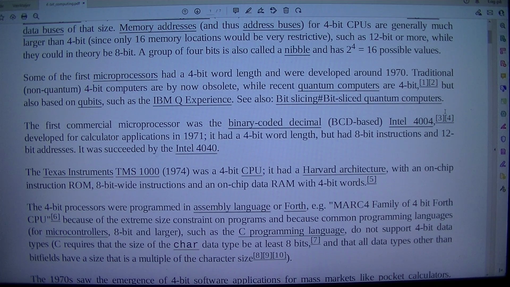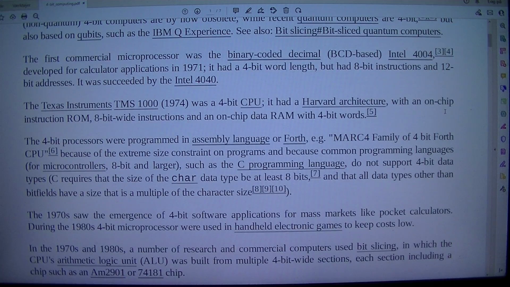The first commercial microprocessor was the binary coded decimal, BCD-based, Intel 4004. Developed for calculator applications in 1971, it had a 4-bit word length, but had 8-bit instructions and 12-bit addresses. It was succeeded by the Intel 4040.